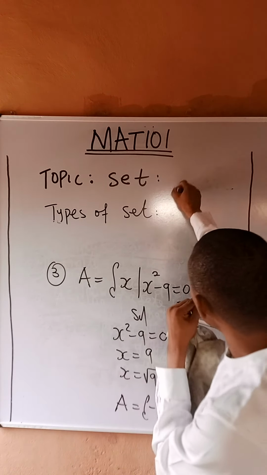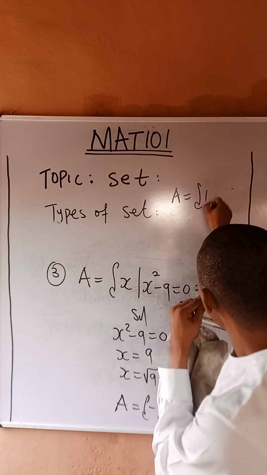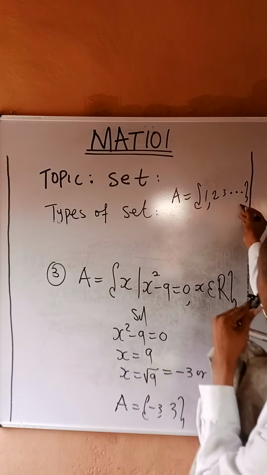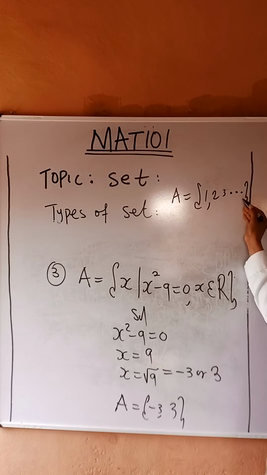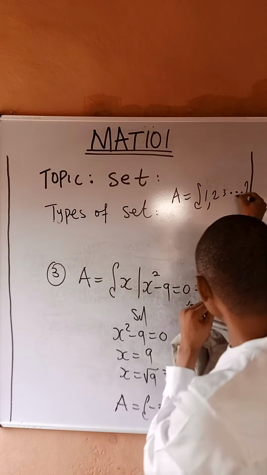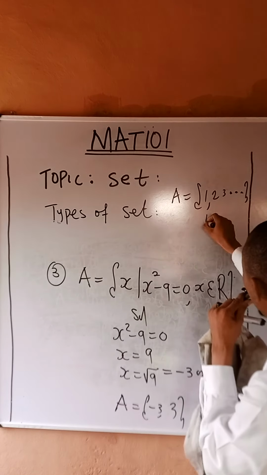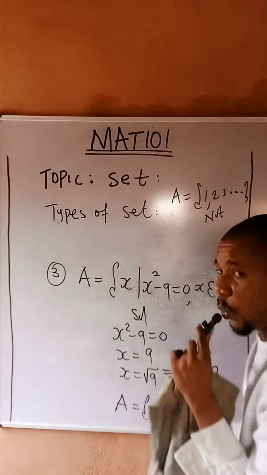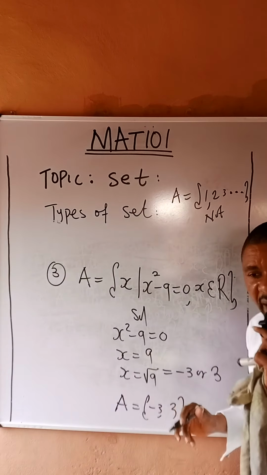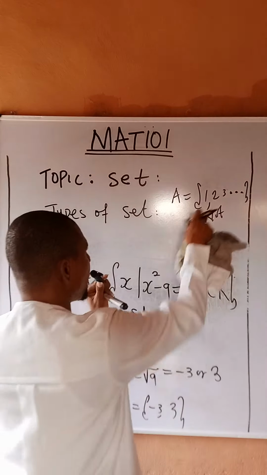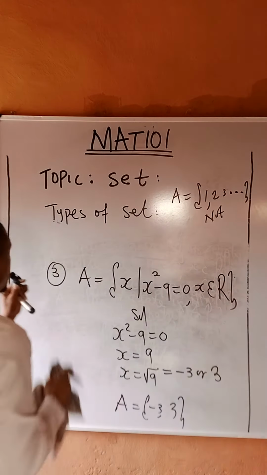But if you have something that looks like A is 1, 2, 3, and they put three dots, it means that this tends to infinity, that you cannot count it. Therefore, this is not a finite set, but rather an example of an infinite set.